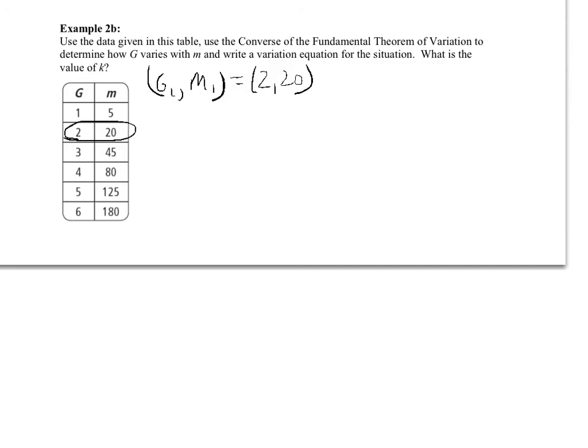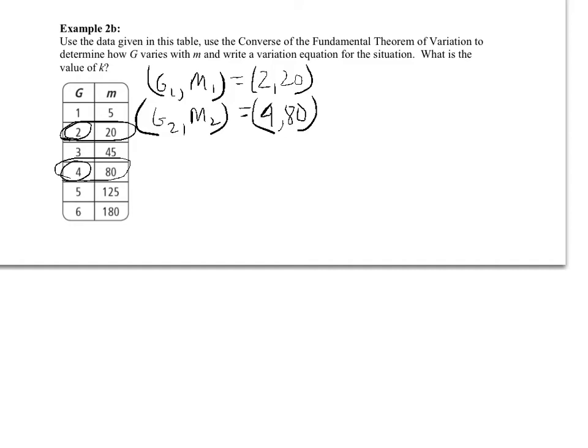So these points right there. And we're going to do G2 and M2. And we want to pick G2 so it's double G1. So if G1 is 2, which we see, we want to pick double that. So we want G2 to be 4, and you can see that. So we're going to pick 4 and 80.